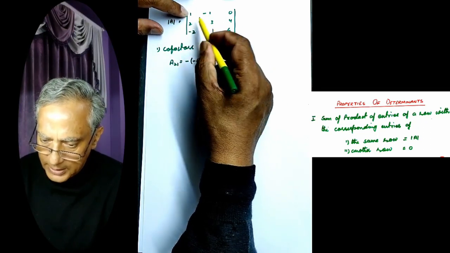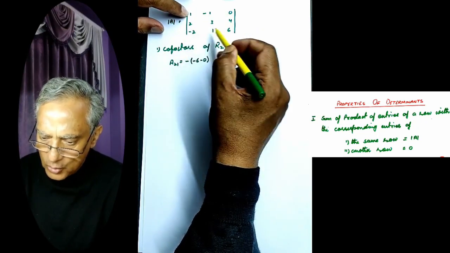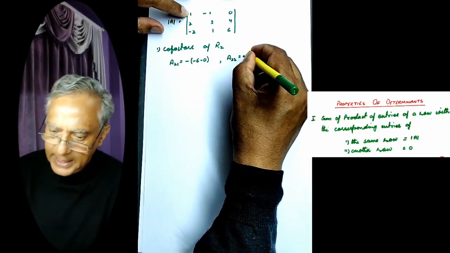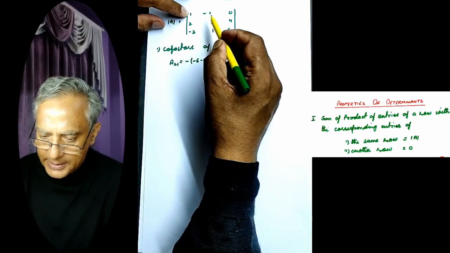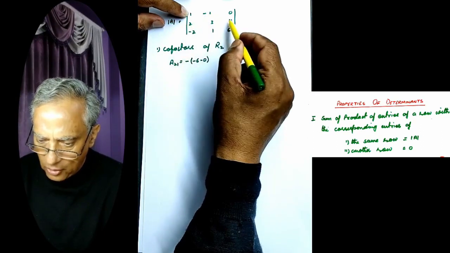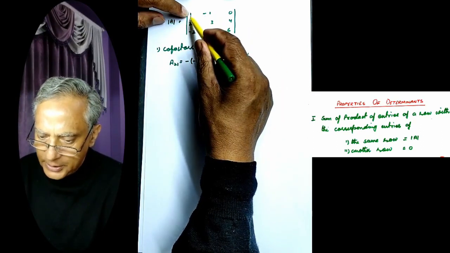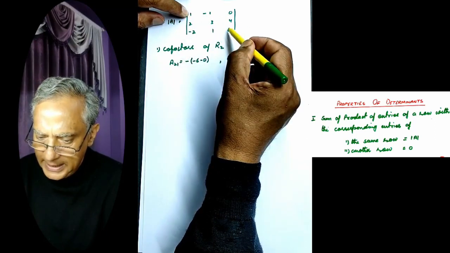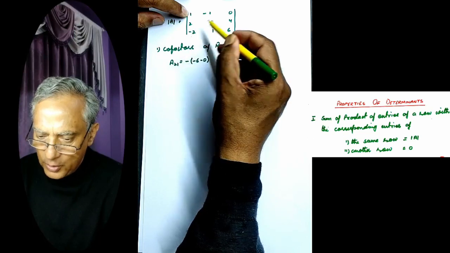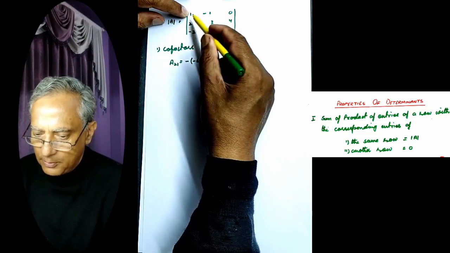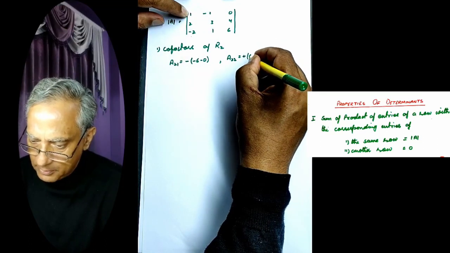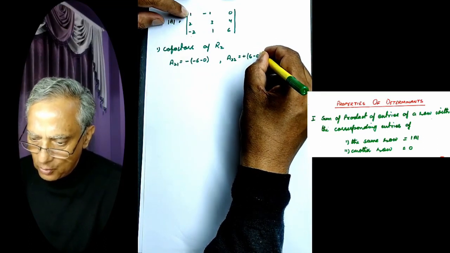We are left with 1, 0, -2, 6. This is an even place, so we will have a plus sign. So this will be 1 into 6 minus (-2) into 0, that is 6 minus 0.